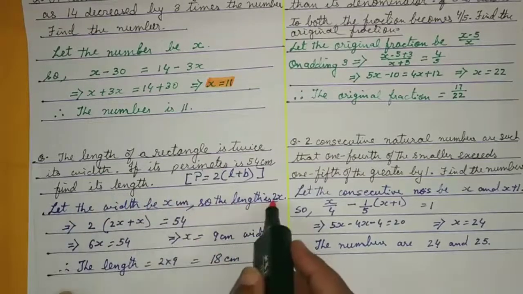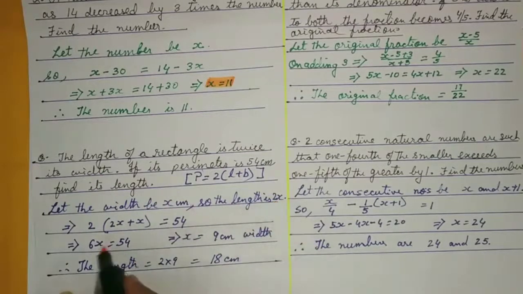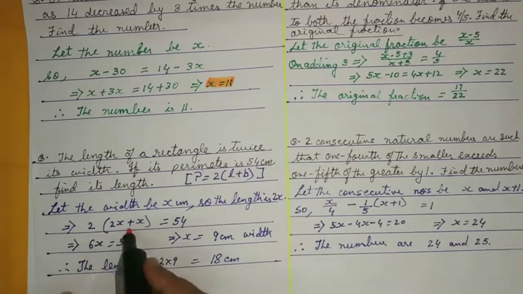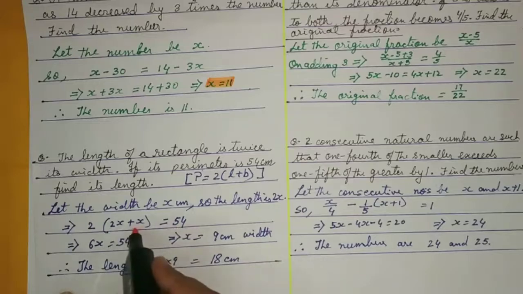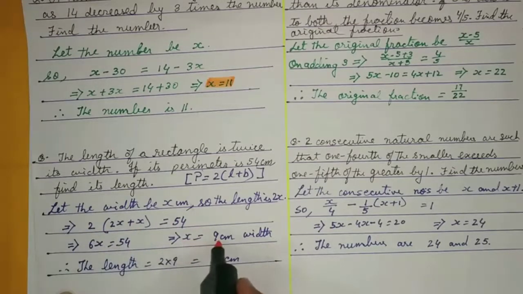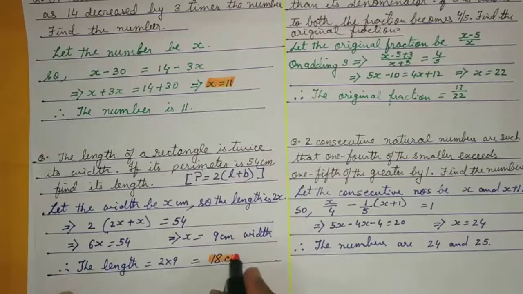So the length becomes 2x. So the perimeter is 2 into (L plus B), that is 2(2x plus x) is equal to 54. 2x plus x is 3x, 2 times 3x is 6x is 54, so x is 9 centimeter width, but we had to find the length, so 9 twos are 18 centimeter.